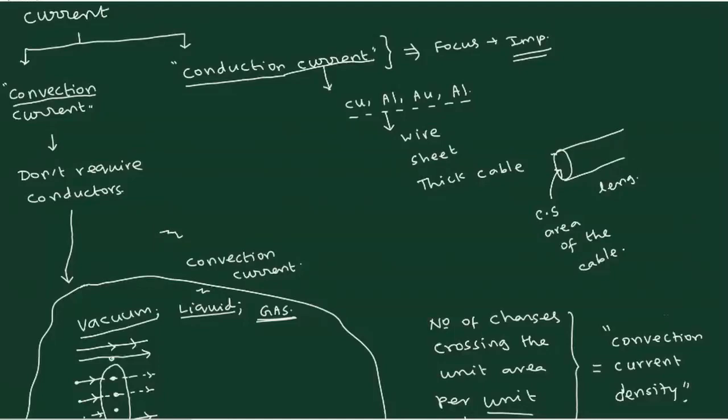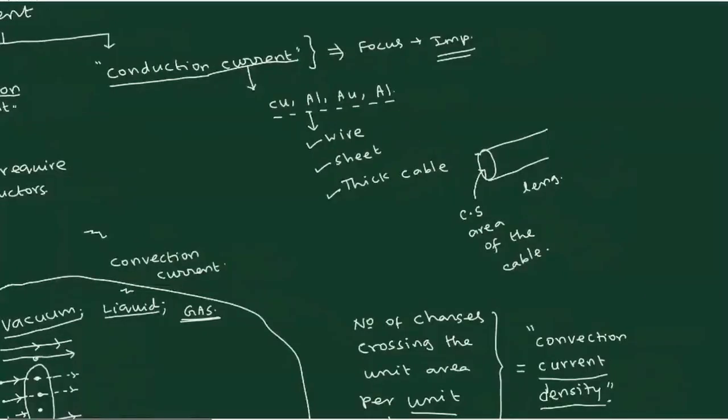So the material can appear in the form of a wire, or a sheet, or a thick cable. What happens is, you will have to define a similar object, here the current density. A similar concept has to be defined in order to distinguish the sheet and the thick cable.